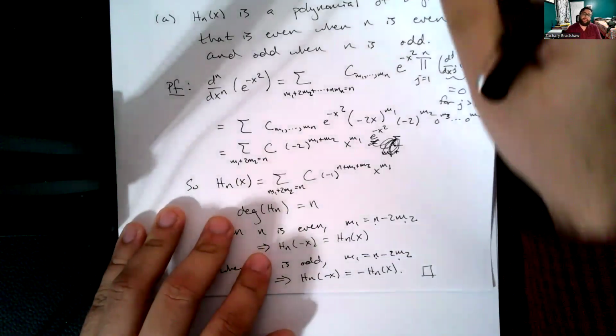Okay, so in the last example, we showed that the Gaussian was an eigenfunction of the Fourier transform operator. And now I claim that, in fact, we have the following.